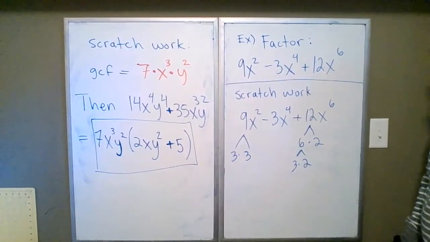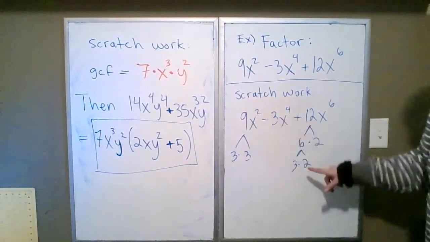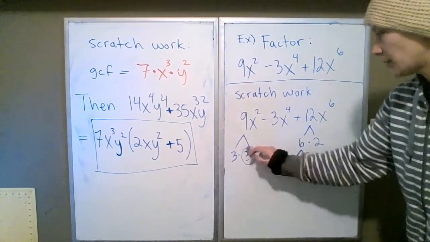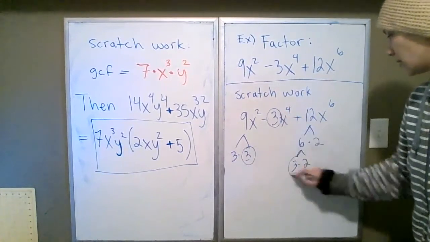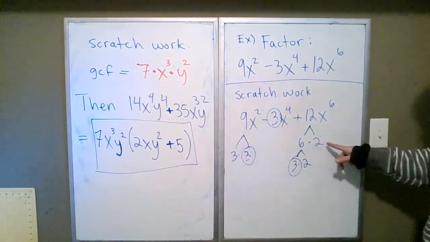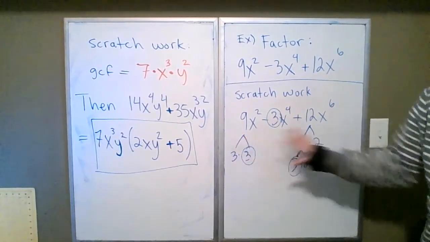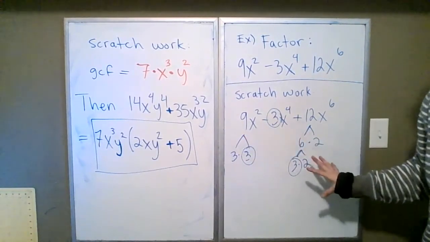So we need factors common to all terms, which there's a 3 and a 3 and 3 in each of the terms. So that's going to be part of the greatest common factor. And even though there's a factor of 2 here, it's not common to this middle term or to the first term. So we're not going to use 2 in the GCF.